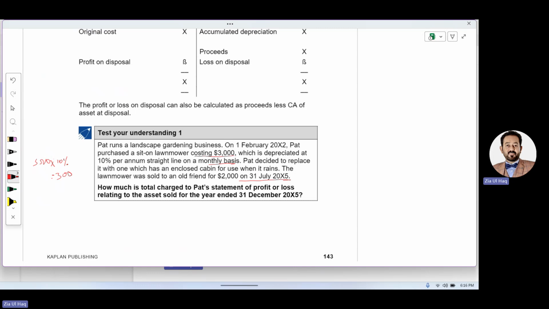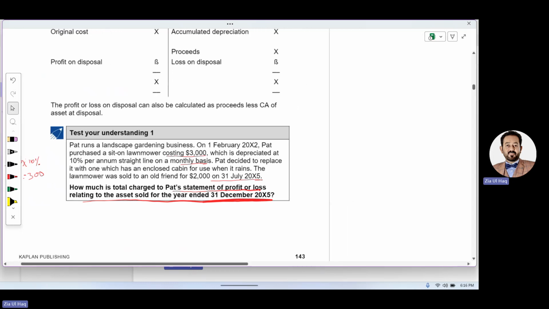How much is the total charge to Pat's statement of profit or loss relating to the asset sold for the year ending 31st December 20X5? We need to calculate its carrying value first.